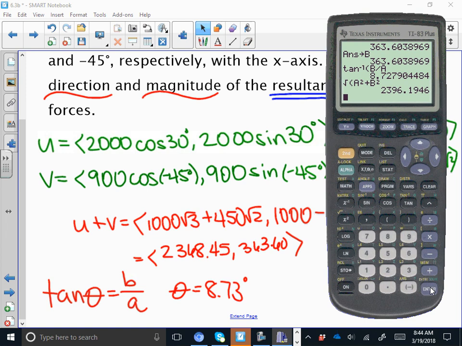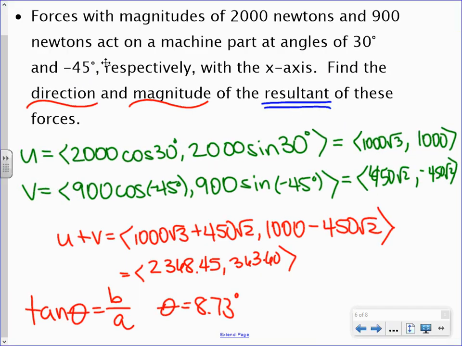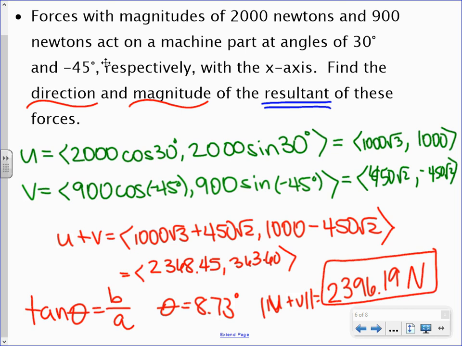Okay, so help me out because I'm going to have to move my calculator. Our magnitude was 2,396.19. And since our magnitudes up here were labeled as newtons, we would want to label that as newtons.